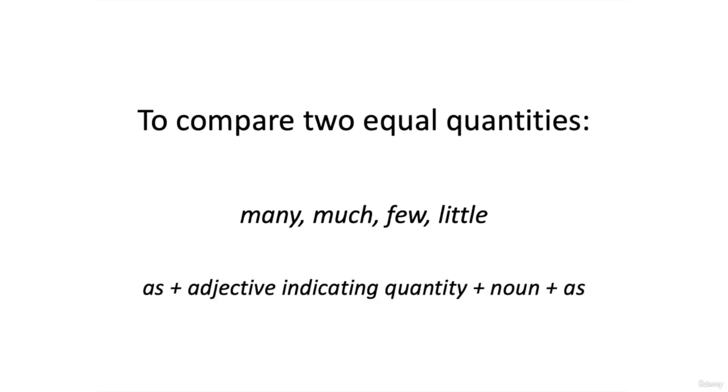We follow the pattern as plus adjective indicating quantity plus noun plus as. For example, they have as many books as I do. That means they, the other people, have the same number of books as the speaker. Notice the form as plus many, which is an adjective indicating quantity, books, which is a noun, plus as.